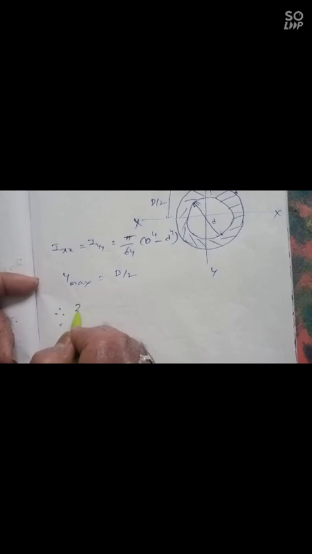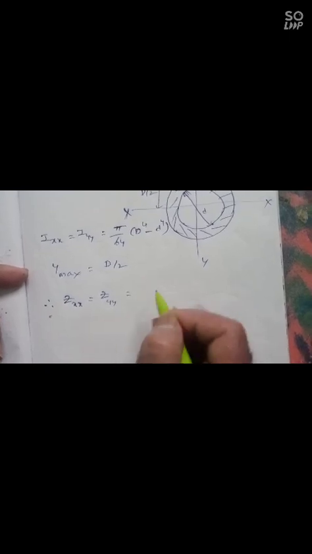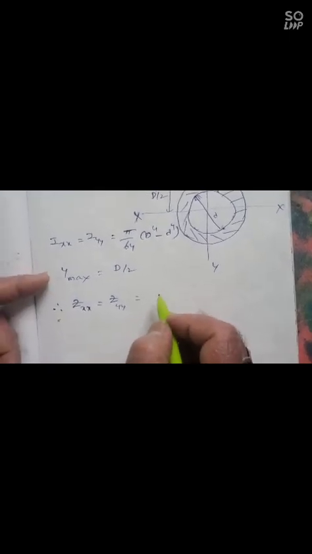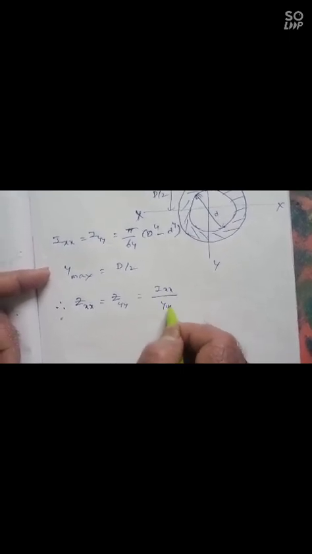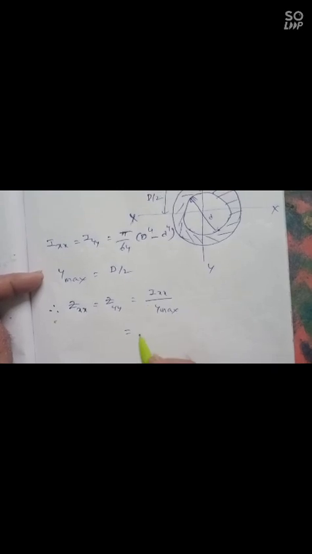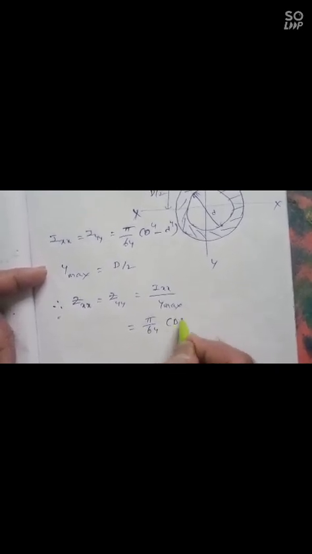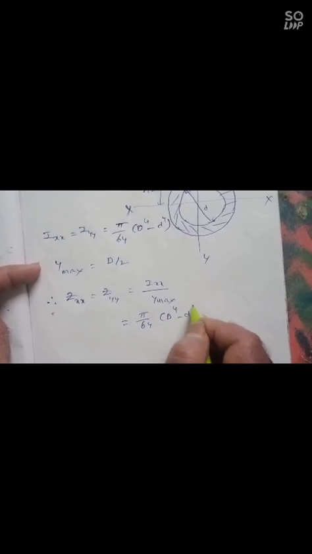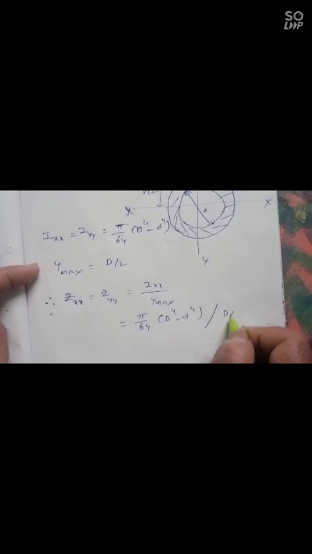So Zxx, which is also equal to Zyy, is equal to Ixx by y maximum, that is pi by 64 into D to the power of 4 minus small d to the power of 4, all divided by capital D by 2.